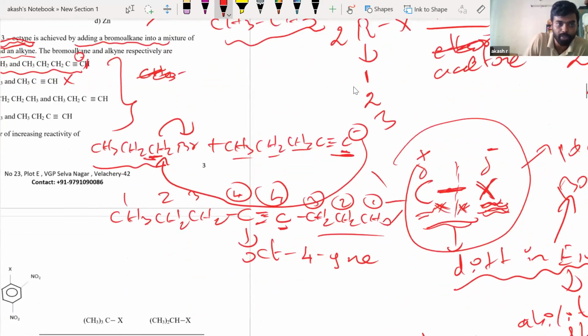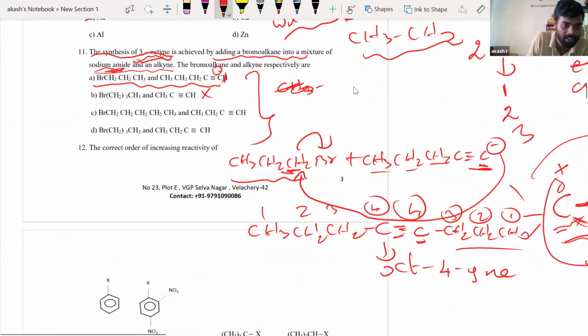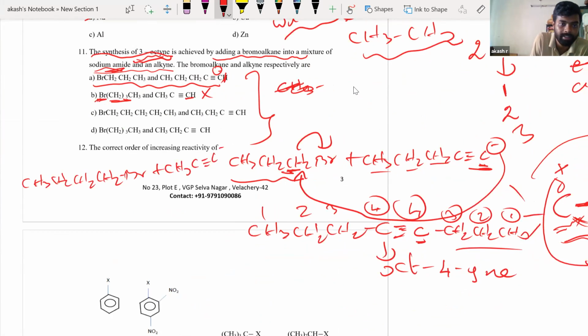So if I check for option B, this Br is gone. If I draw the structure properly, guys, it will be CH3, CH2, CH2. Now you see there are 3 CH2s. That's what they mean by this. CH2 thrice means 3 CH2s. This is done, and I have a Br, and then I have CH3, C triple bond C minus.